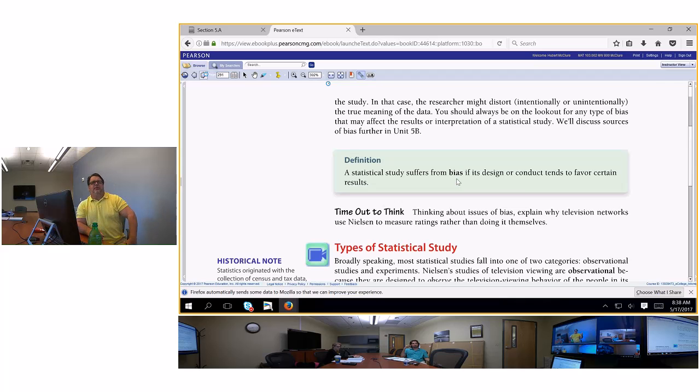Bias is me saying, okay, let's say we got a presidential election coming up, and I do a national survey across the United States, and I tell you that the nominee Smith is going to win because I went across the United States and surveyed everybody, and they picked him or her, Smith.